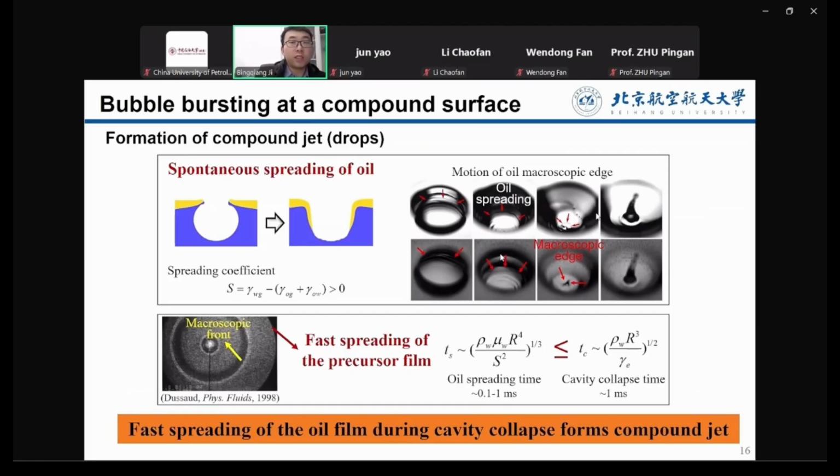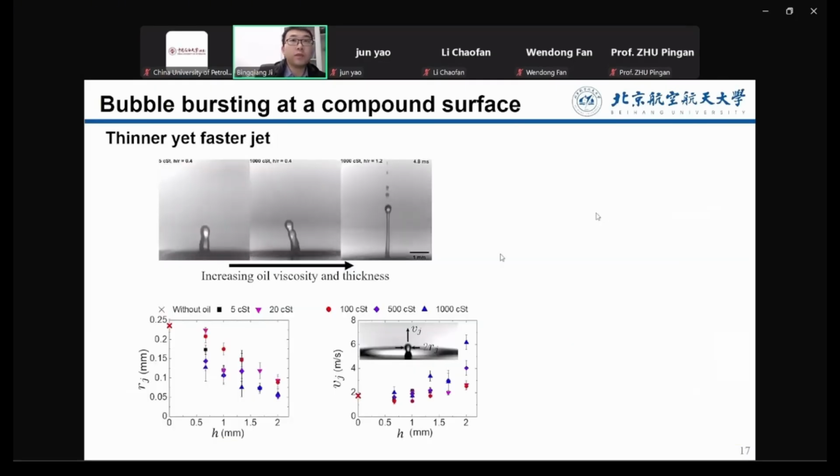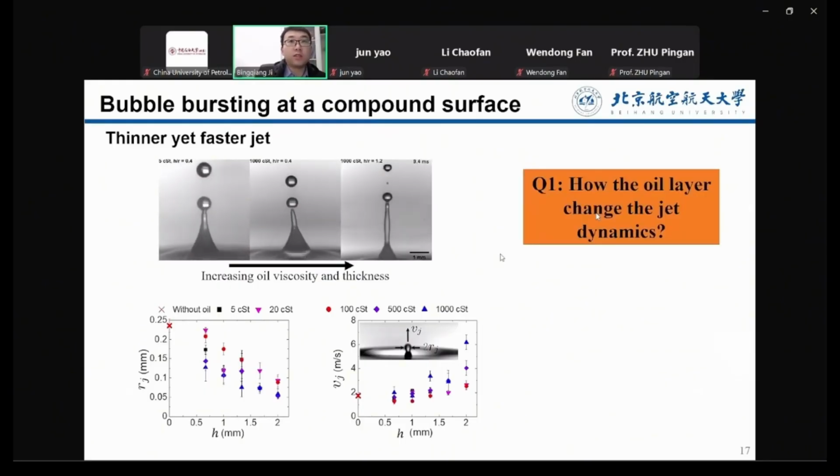So this means that the fast spreading of the oil film during cavity collapse forms the compound jet. We also found that with increasing oil layer thickness and oil viscosity, the jet and the jet drops become smaller and faster. So the next question is how the oil layer changed the jet dynamics.